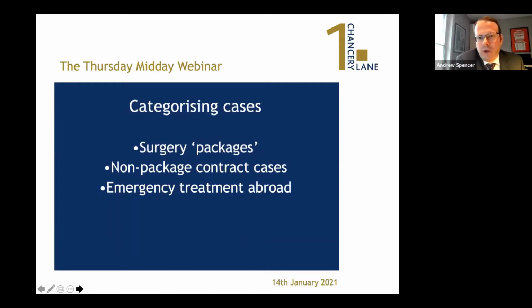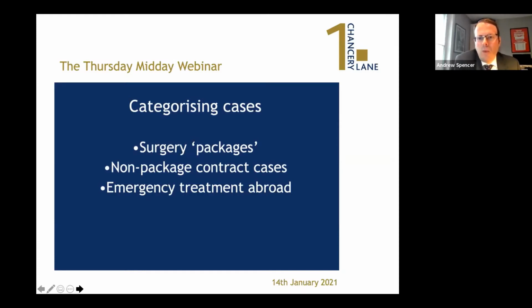The answers to these questions are going to depend on what sort of case it is that you have, because depending on what sort of case it is, the answers may well be different. And the way that Dom and I think it's helpful to categorize cases for these purposes is essentially in three different categories. The first two are contract cases. And contract cases actually divide into two subdivisions.